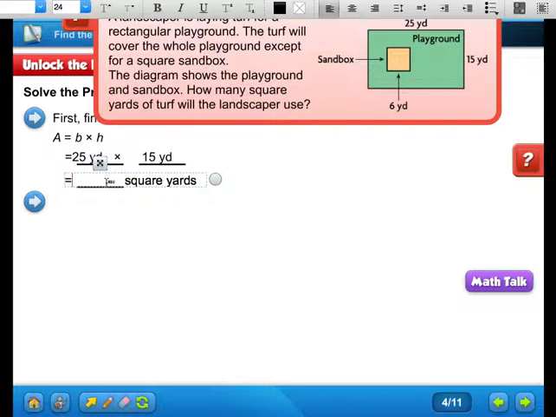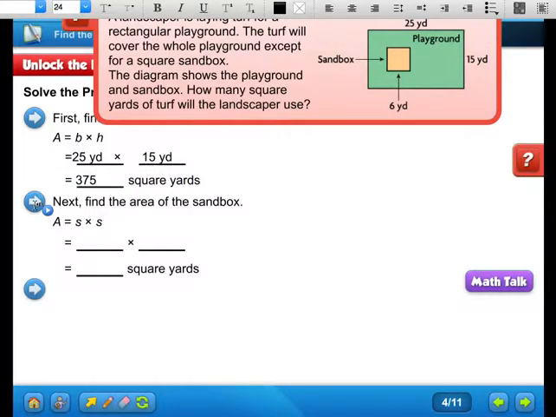All right, did you just pause it and find the total of that? You should have gotten 375 square yards. All right, there you go. Now that was the total of the playground. Now what you have to do is find the area of the sandbox. So remember, the sandbox is a square, so it's going to be the same for both.